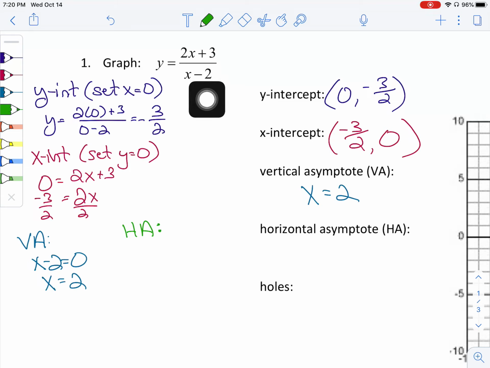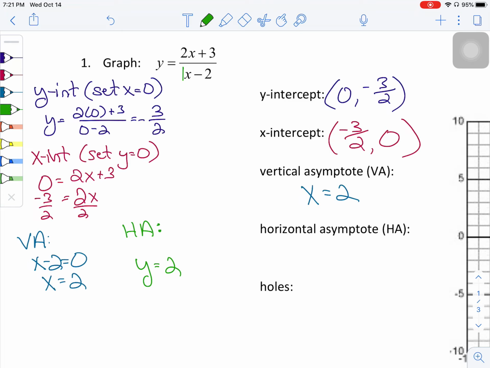So what ends up happening to find your horizontal asymptote is as long as these x's are the same degree, so first degree on top, first degree on the bottom, all you want to do is divide your leading coefficients. So in the numerator, we've got a coefficient of 2. In the denominator, we'd have a coefficient of 1. And so 2 divided by 1 gives us a horizontal asymptote of y equals 2.